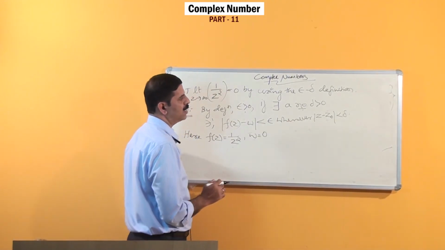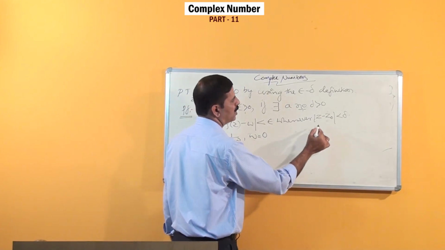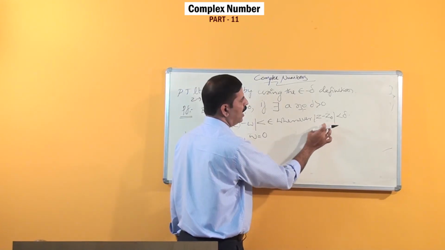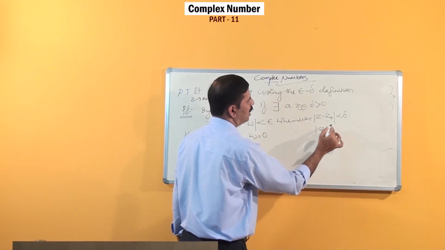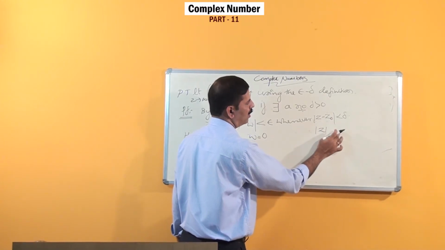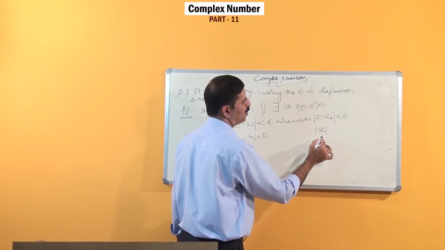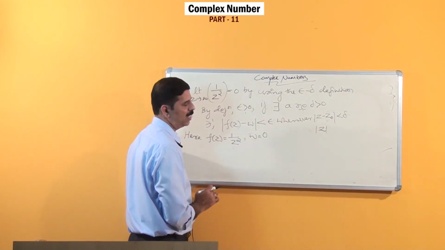Here z tends to infinity is given. Now we will prove this as z tends to 0, that is, z is greater than 1 by delta, or z is less than delta means 1 by z is greater than delta. Keep this in mind equivalently.